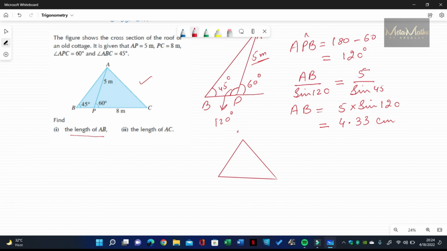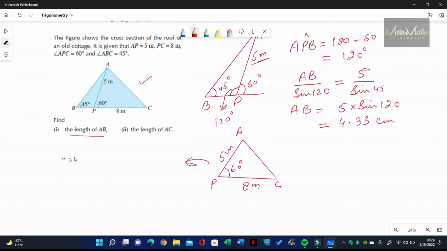It's triangle A, B and C. I have PC 8 meter, I have AP 5 meter, and angle at P is 60 degree. Because I have two sides given and the unknown side has the angle opposite to it equal to 60 degrees, this is for cos rule.